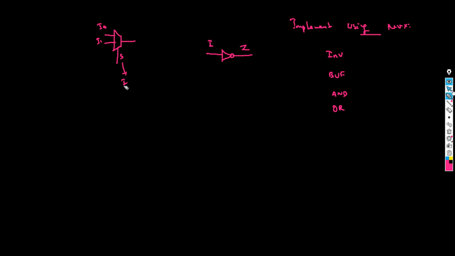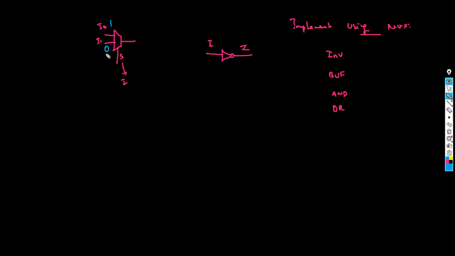That alone is sufficient? I0 not equal to 1... okay. So basically what you're saying is you have to give I0 as 1 and I1 is going to be 0.